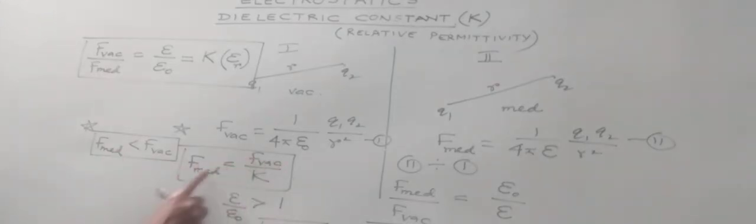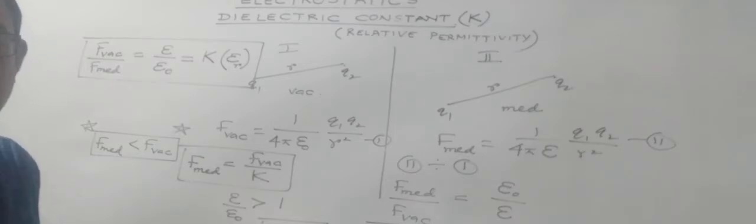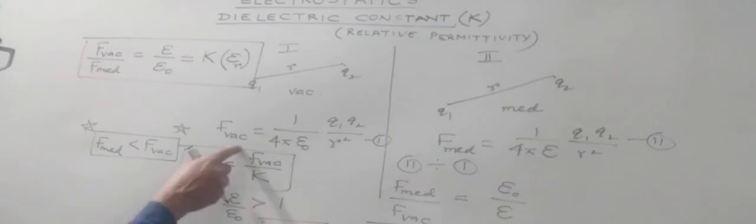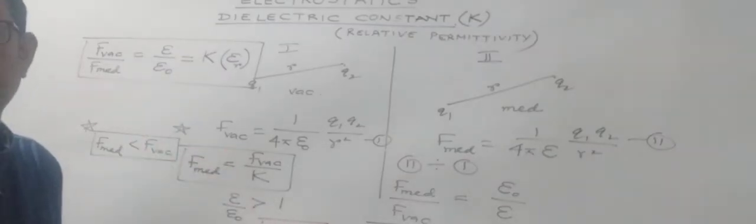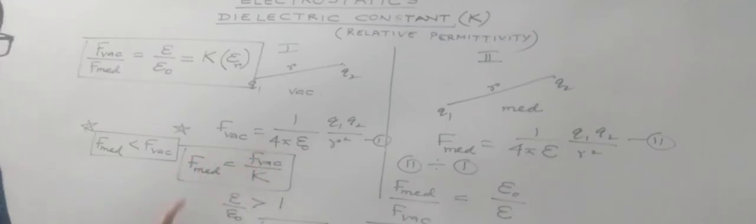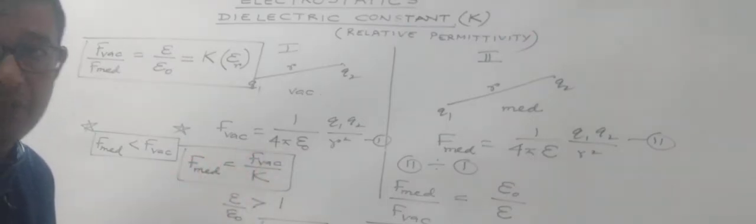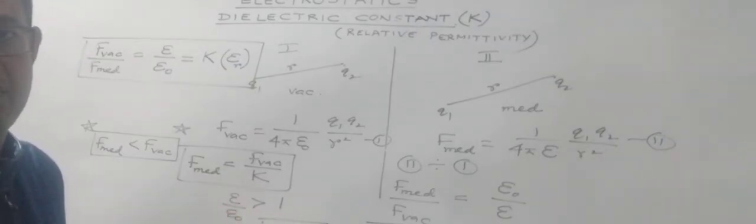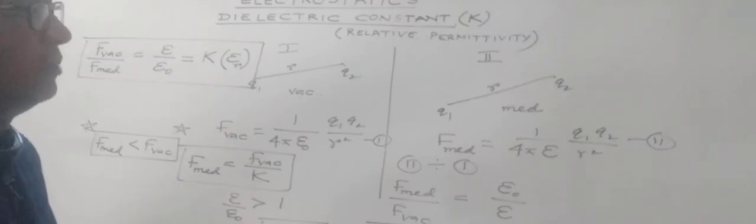And that's the relationship: F medium is F vacuum divided by K. So in vacuum, the magnitude of the electric force between the charges is maximum, while in some other medium, it will become 1 by K times that in vacuum. So the magnitude of the electric force does depend upon the nature of the medium in which the 2 point static charges are placed.